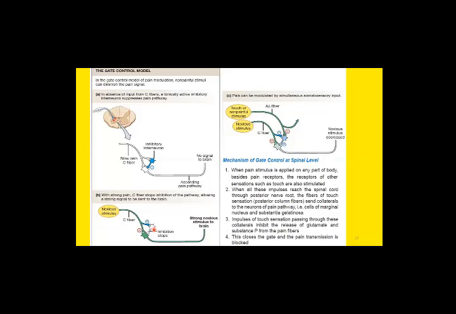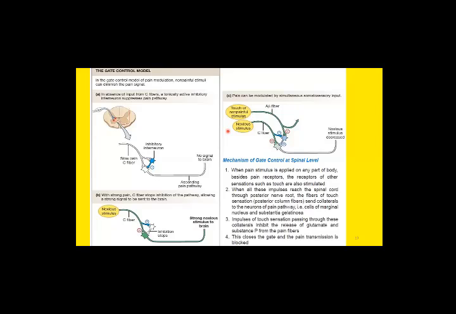Hence, the signal is sent towards the brain. So no signal in the absence of noxious stimulus and a strong signal in the presence of noxious stimulus. Whenever there is a noxious stimulus, this inhibition by the inhibitory interneuron is stopped.